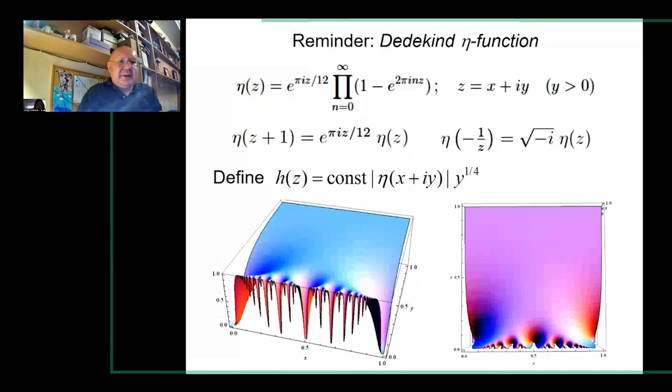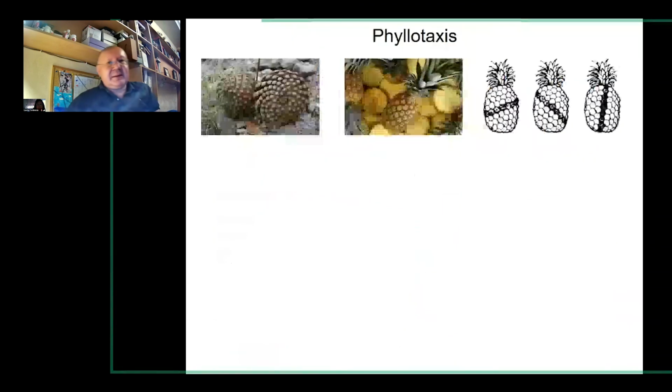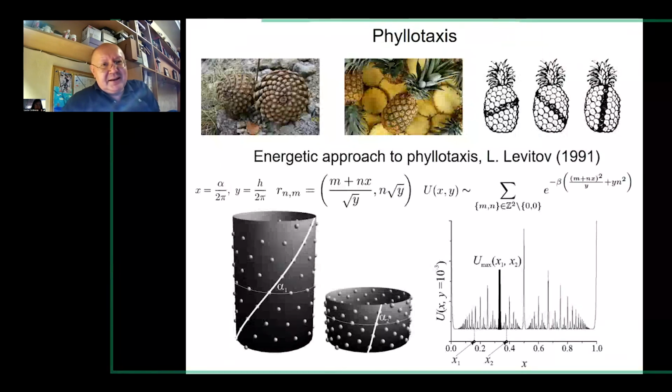So probably I will stop at that point, because I have a next slide which shows you that there is something behind this and relates hyperbolic geometry with number theory, in the sense that, you know the question of phyllotaxis. If you take pines, for instance, or pineapples, and you compute how many spirals you have on one fruit, then you will get a Fibonacci number.